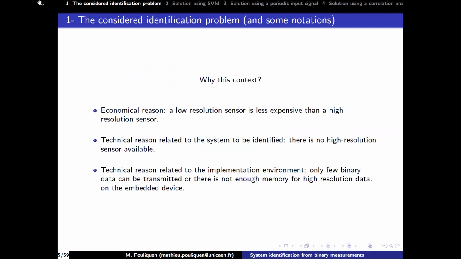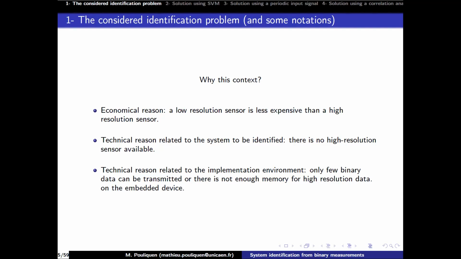Why this context? There are several reasons. Maybe the high resolution sensor is too expensive and you don't have enough money. You choose a lower resolution sensor, a binary sensor. Another reason is maybe the high resolution sensor can't give you enough data.